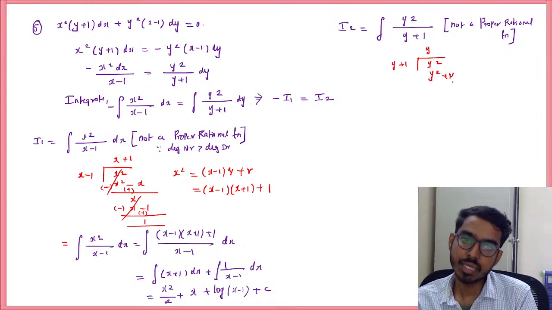y square plus y. This one will have minus y, minus y minus 1. This will be plus 1, right?